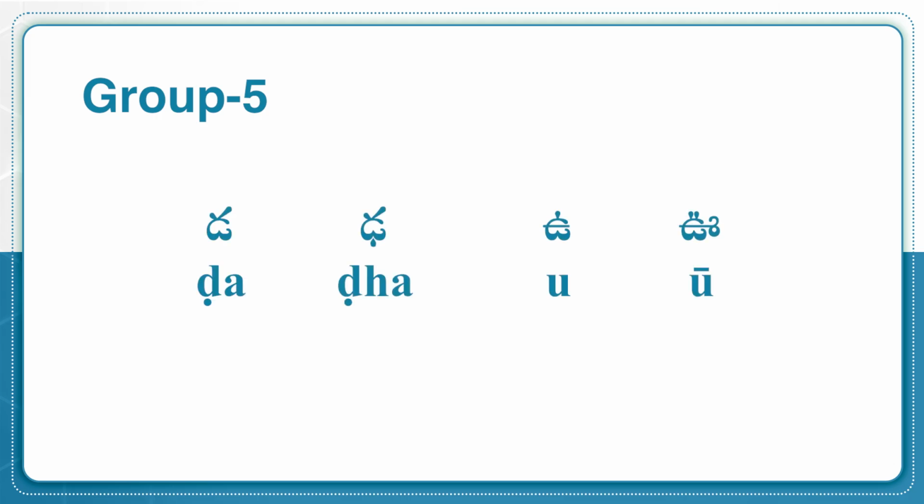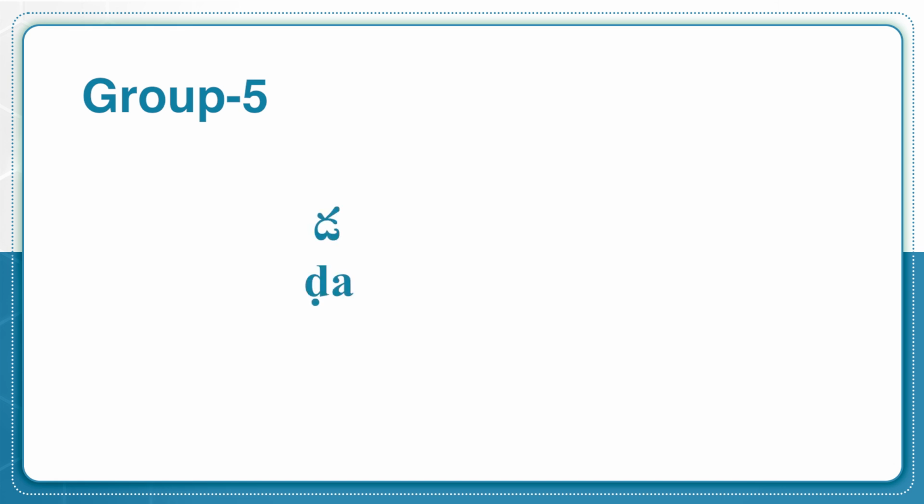Now we continue with script group 5 and group 6. Group 5 includes Da, Da, U, where Da are retroflex consonants pronounced with the tongue curled back, and U are short and long vowel sounds.